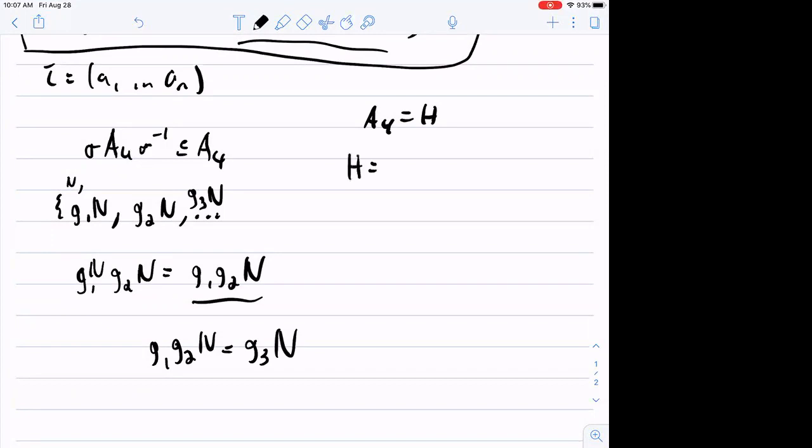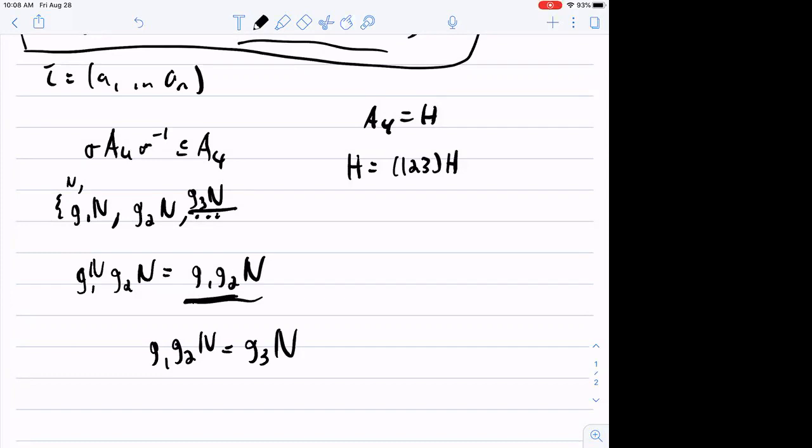So H is equal to something in A4, like (1 2 3). This is certainly true. So what I'm saying is, when you multiply, you could get this coset, but it's given by a different representative. Do you get what I mean?